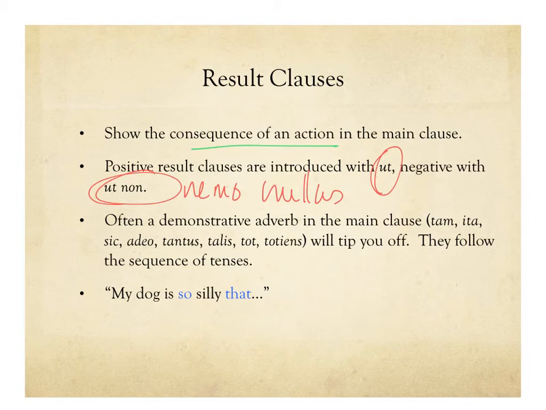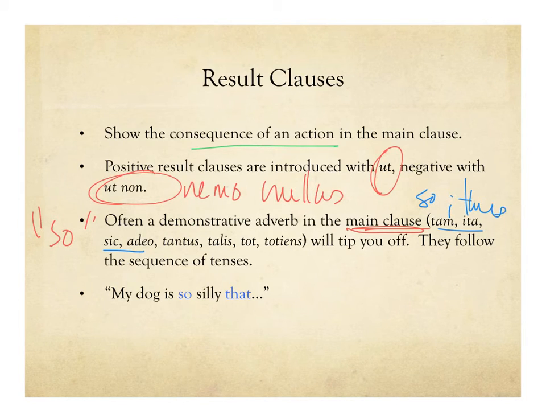Often in result clauses, we also have in the main clause a word that means so. So this could be something like tam, ita, sic, adeo. All of these words mean so or thus.